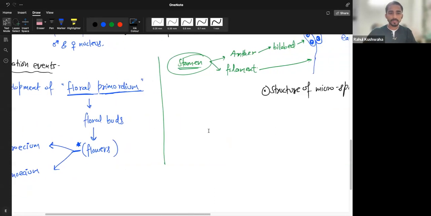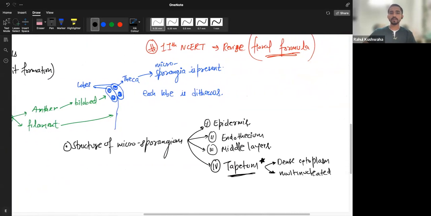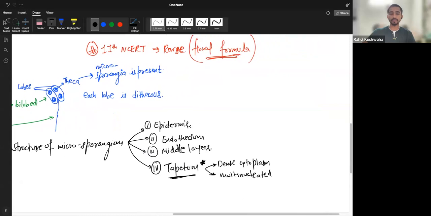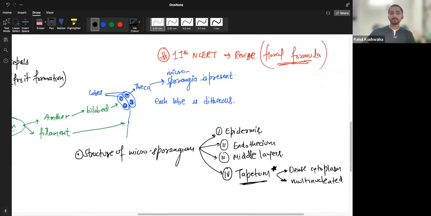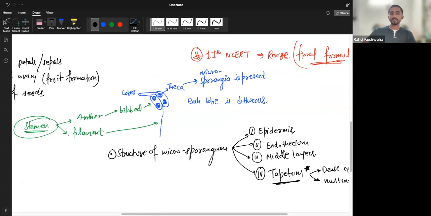Good. Okay, so the second thing I told you, we went into the structure of the microsporangium, which is the pollen. I told you that the word micro is always associated with the male gametes. So in a stamen that's divided into anther and filament, the anther is bilobed in most of the angiosperms, and in each lobe there are two compartments present, called theca.